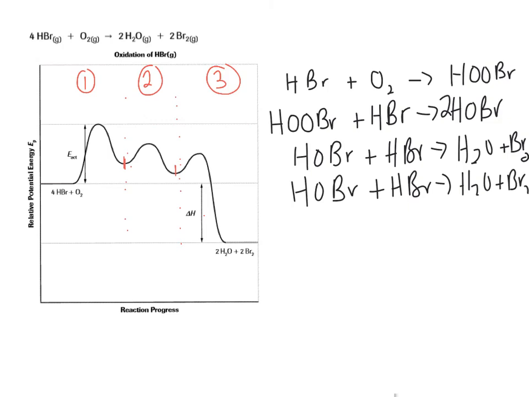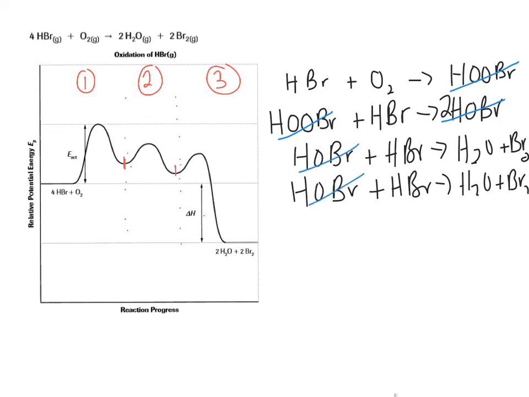So now we have used 1, 2, 3, 4 molecules of HBr, 1 molecule of O2, and this will get canceled, this will get canceled.